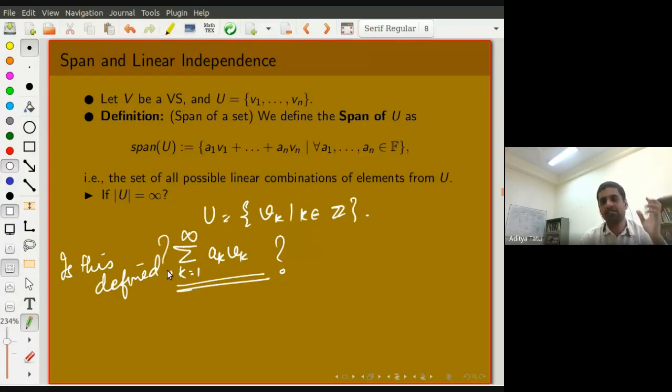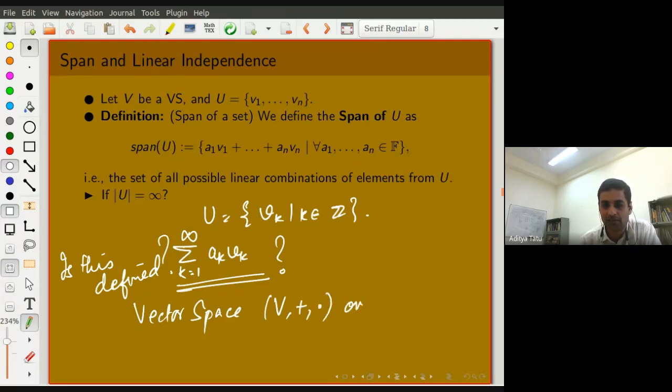See, what is a vector space? It is V with vector addition and scalar multiplication, right? What is vector addition?